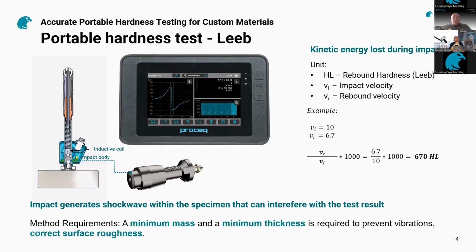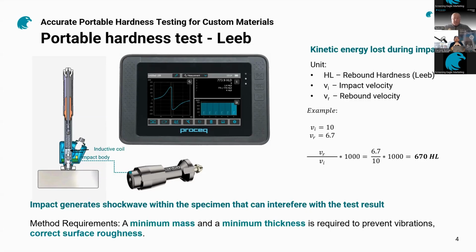It's important to note that whenever we're impacting, even though these impact bodies are small, they are generating a pretty high energy impact that generates a shock wave that travels through the specimen under test. That shock wave can interfere with the test result, especially if you don't have enough mass or you don't have enough thickness. If you don't have enough mass or thickness, some of that velocity or energy lost during the impact goes towards making the test specimen move or vibrate, which leads to an incorrect measurement.